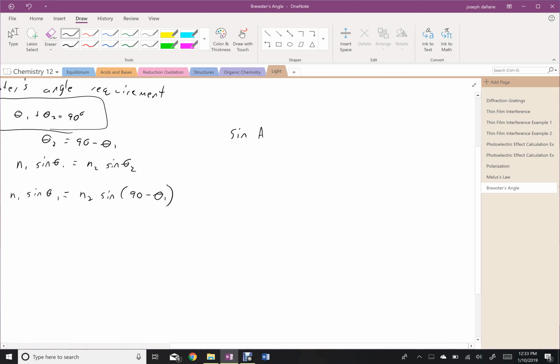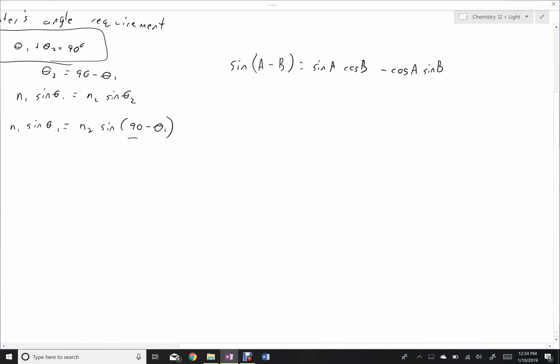So the trig identity I'm going to use here is sine of (A minus B) is equal to sine A cos B minus cos A sine B. Because one of our angles is 90 degrees, this is going to work out nicely and simplify our expression.